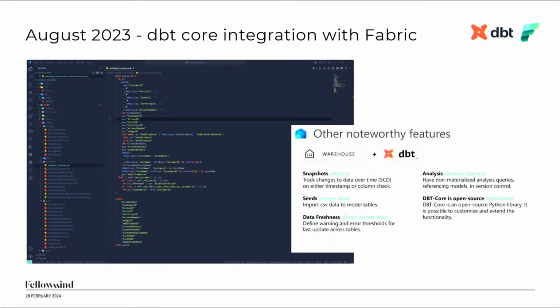Back in August 2023, I was here, and we introduced the DBT Core integration with Microsoft Fabric. At that time, I showed a demo on how to use the DBT Core feature, which is essentially a Python library that you download and run and code the extensions for locally on your machine.